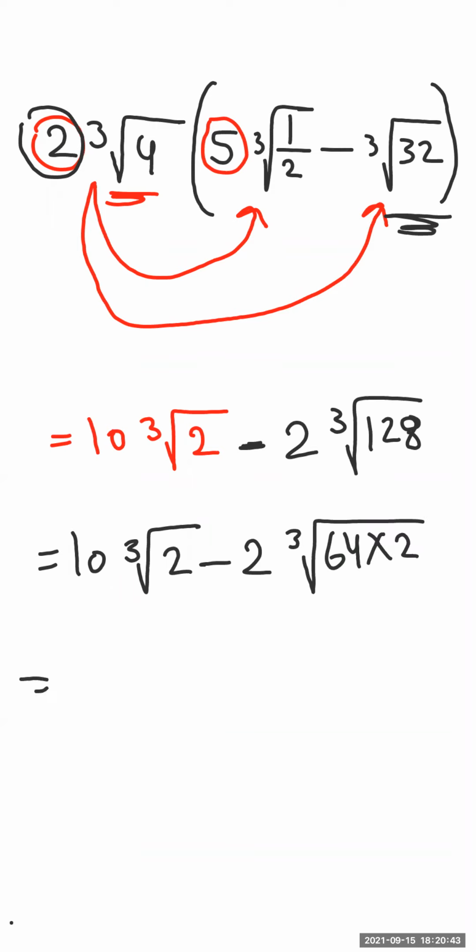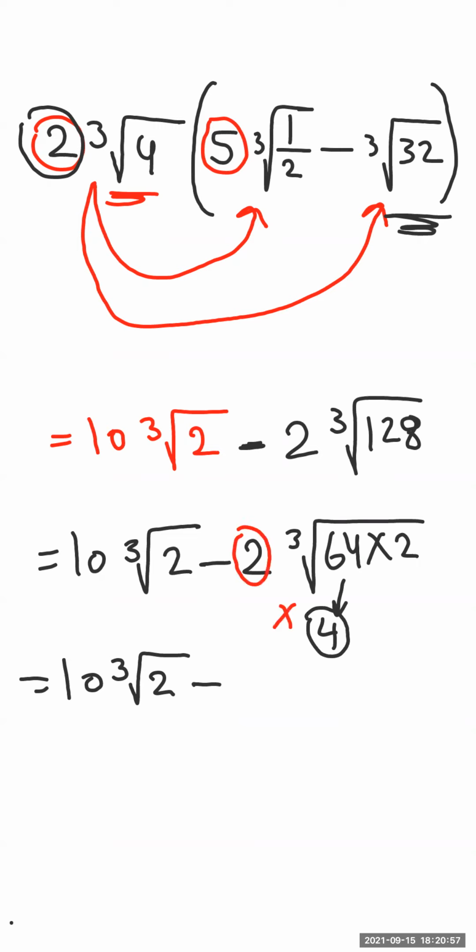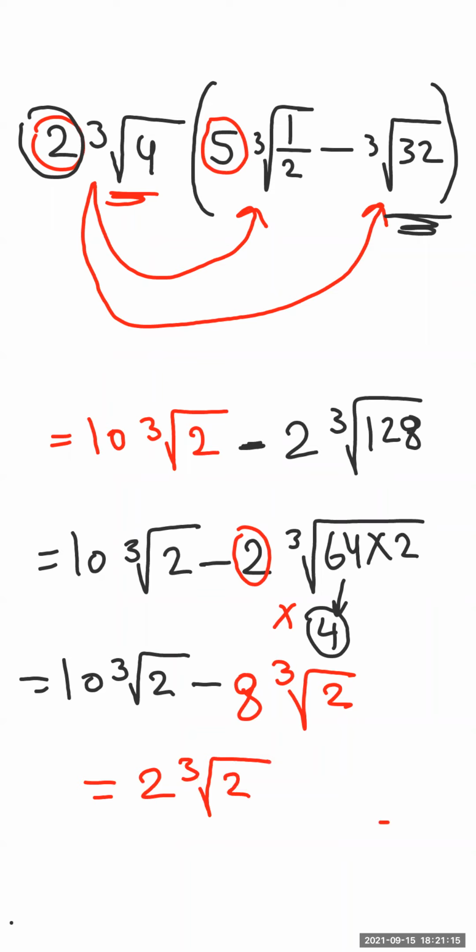So 10 cubic root of 2 minus the cubic root of 64, which equals 4. Now multiply 2 times 4, that equals 8 cubic root of 2. So now 10 cubic root of 2 minus 8 cubic root of 2 equals 2 cubic root of 2.